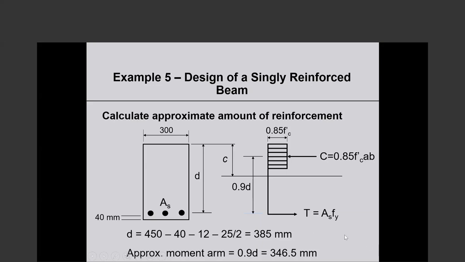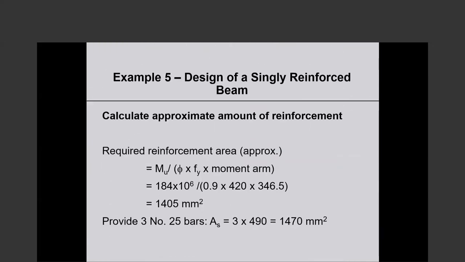That's 385 millimeters. So approximate moment arm is 90% of d. That's what we just said. We will assume that it is, and that will give us a lever arm, moment arm of 346.5 millimeters.